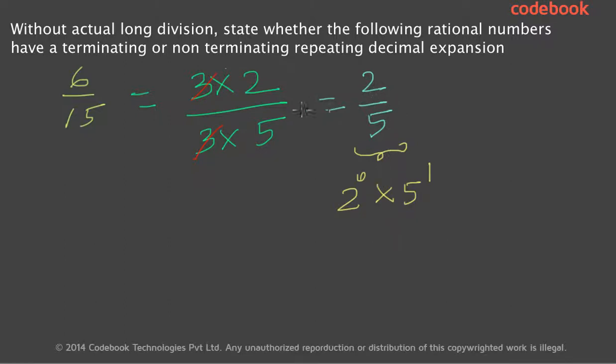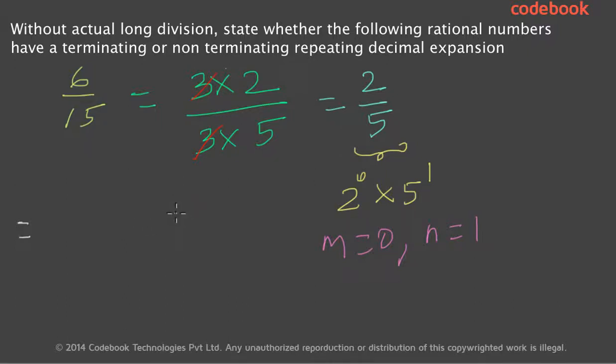So this is a rational number in p by q notation having a denominator in the form of 2 power m times 5 power n, where m is 0 and n is 1. So this is a rational number with a terminating decimal expansion. If you are asked to solve for that decimal expansion, you can easily do the division here. 5 divides 2 0.4 times, or, in order to be consistent, you can apply the same technique that we applied in the previous example, where we multiply the numerator and denominator in such a way that the denominator will have equal powers of 5 and 2.